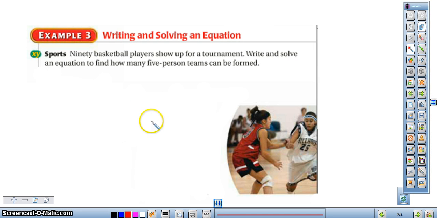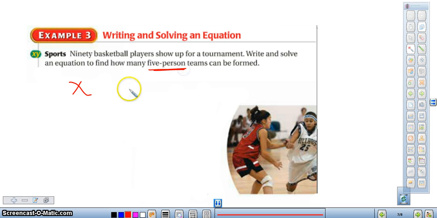Here's a situation. We have to identify our variable. 90 basketball players show up for a tournament. Write and solve an equation for how many teams of 5 people we can have. So we are trying to find x, the number of 5-person teams that we can have.